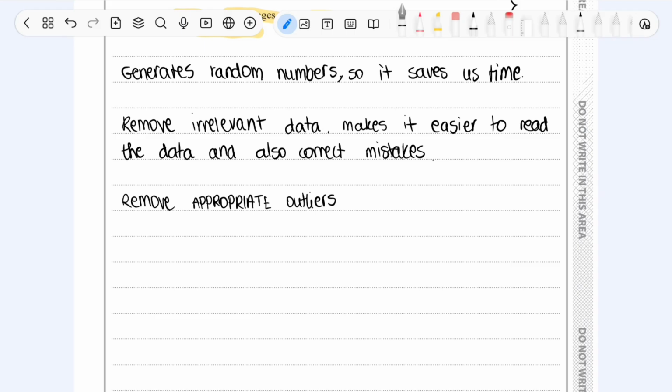For example, if you're looking at people's heights and there's this really lanky guy, you're not going to just take him out of all your data because he doesn't fit your pattern. He's a genuine lanky guy and you have to make him feel included. So you have to keep some outliers which make sense. Only the inappropriate ones that shouldn't be in the data, you remove those. And technology is good at doing that. And what is an advantage of removing outliers? Well, this makes the data unbiased.